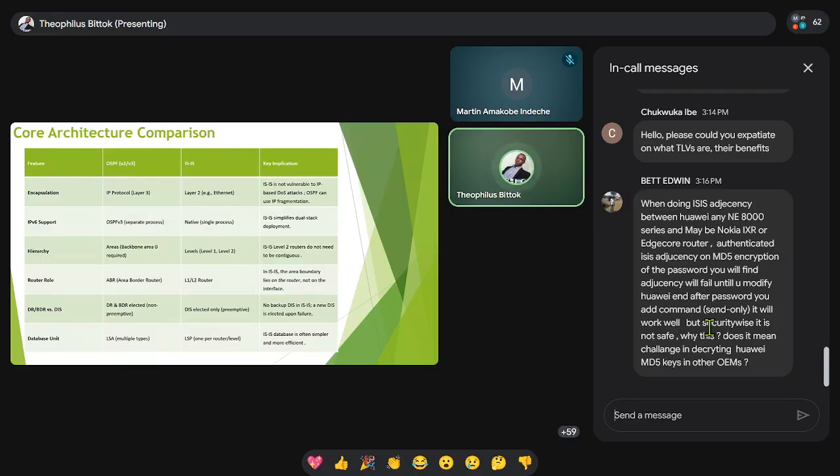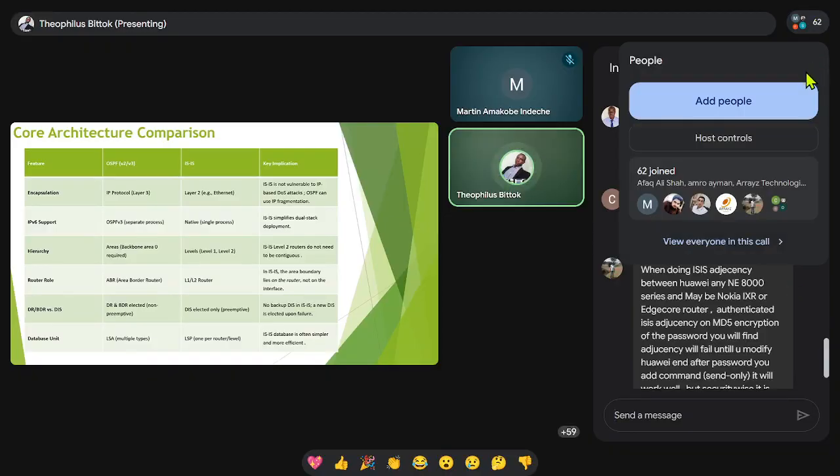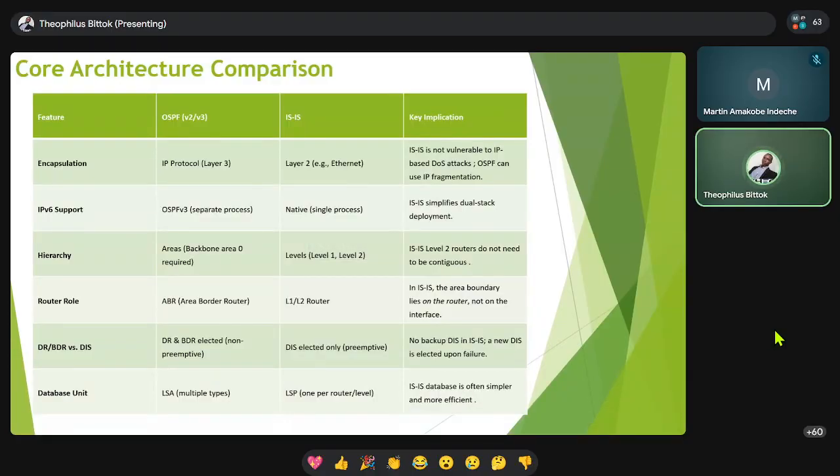When I checked the adjacency, and this was in a Huawei environment, it was telling me the adjacency was up. But the mistake we had made was on the configuration of the IPv4 address. The IPv6 was configured correctly, but the IPv4 addresses were in different networks. So the IPv4 was down, but if you check the adjacency, it's up.